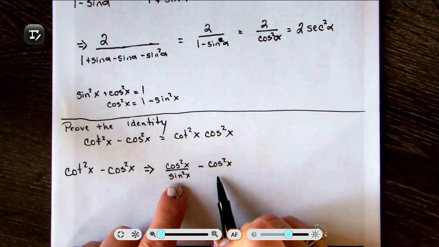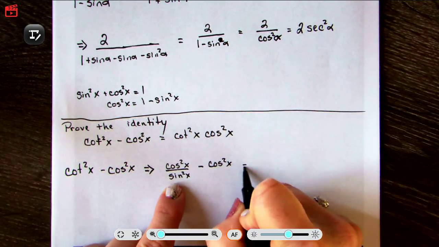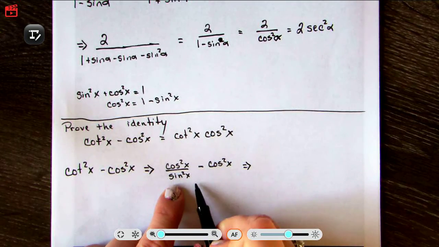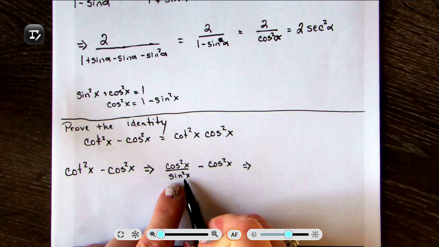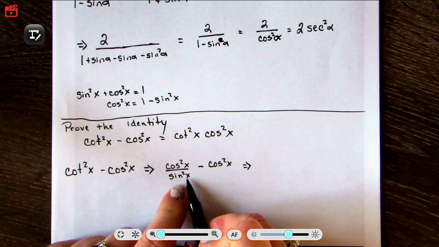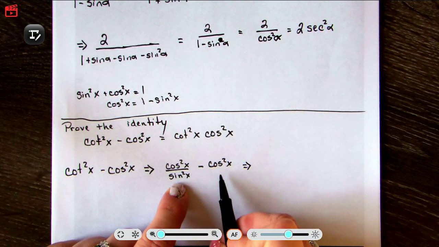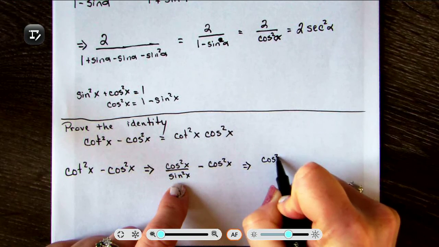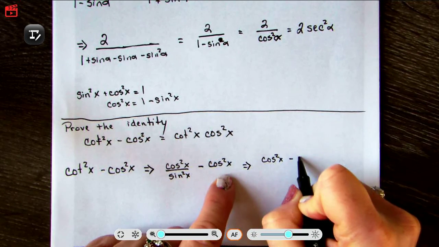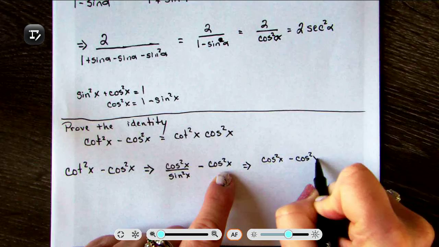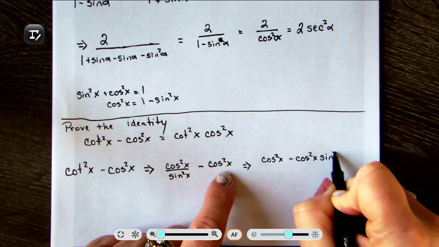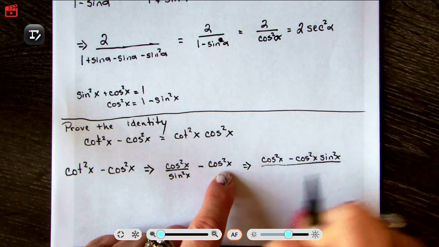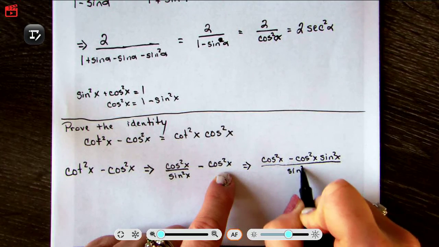Now I have 2 pieces. I'm going to bring them together with a common denominator. My common denominator is this sine squared. So I need to multiply this guy by sine squared over sine squared, and then we're going to subtract. So I'm going to write that in one line like I've been doing. So there's my cosine squared times that sine squared, and this is all now going to be over sine squared.